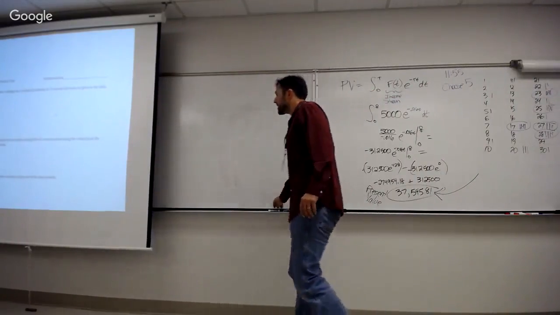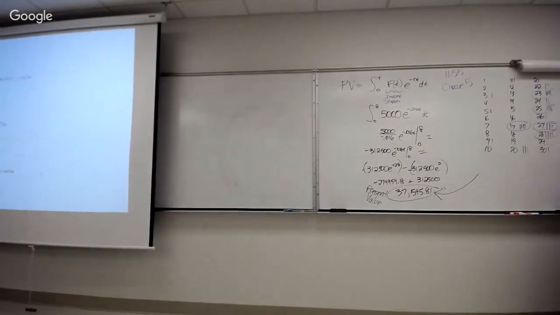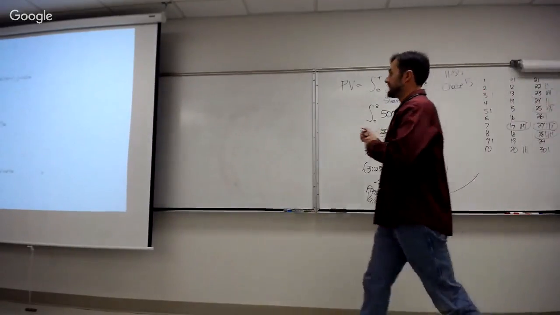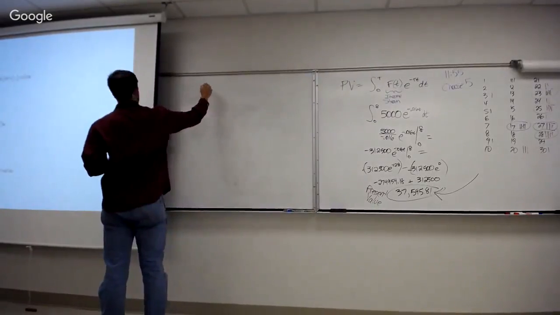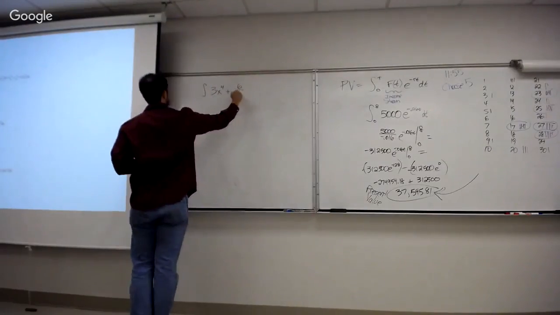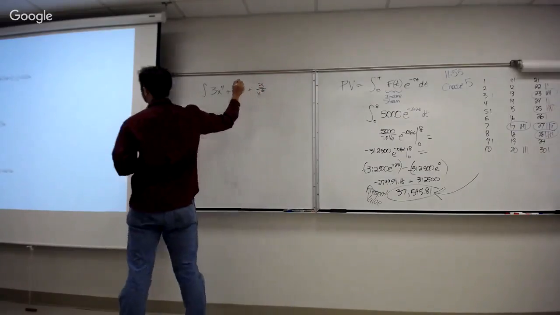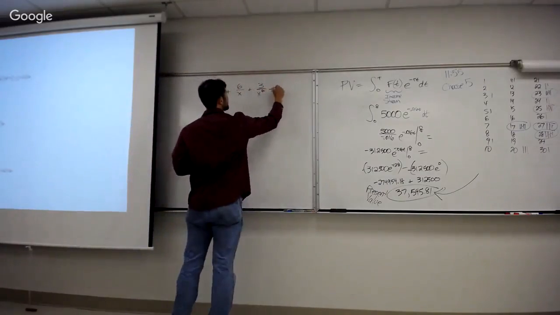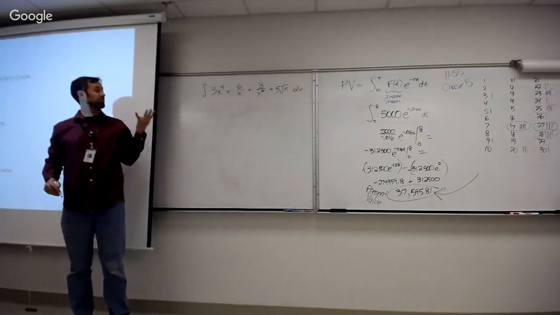All right, so number 17. We want to take the indefinite integral of 3x to the 4th plus 6 over x plus 3 over x to the 6th plus 5 root x. We actually have a couple different rules up here.